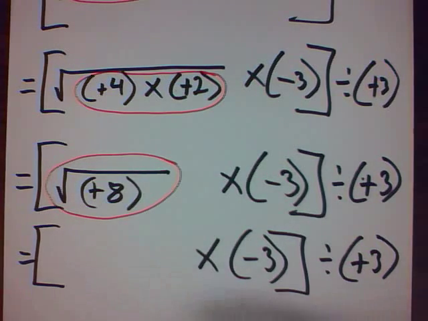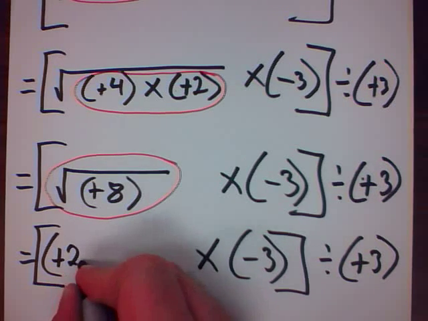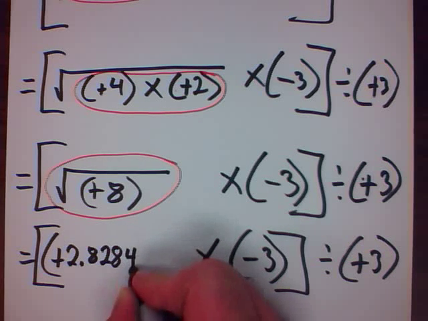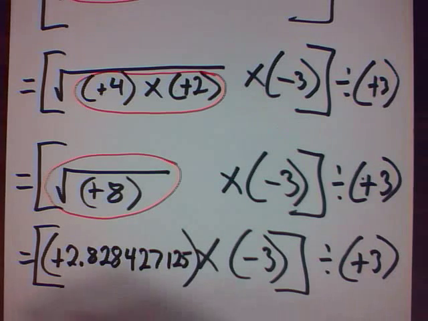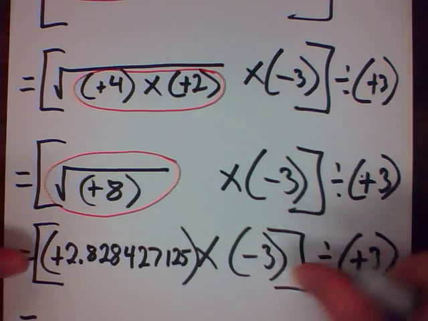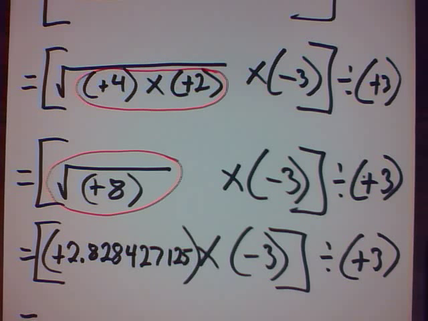Square root of positive 8 is positive 2.828427125. And then this question would continue. I would do BEDMAS, and so on. That's how you deal with roots inside a BEDMAS question.